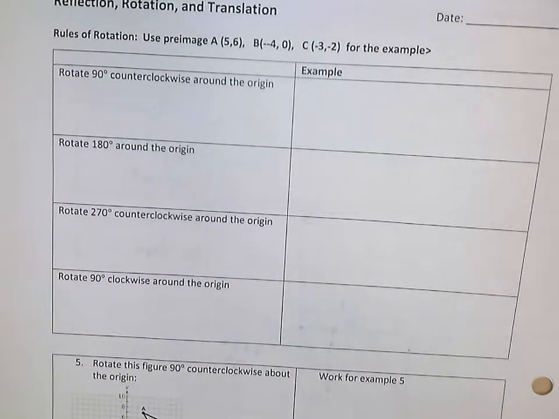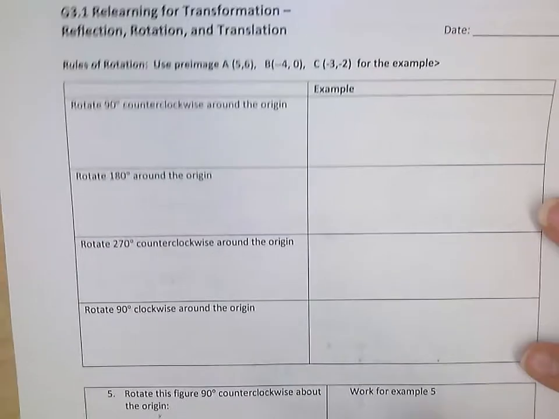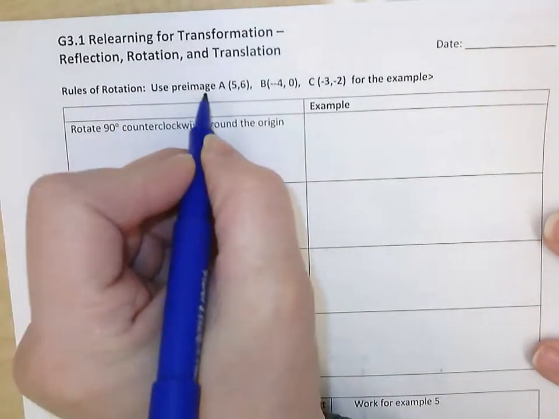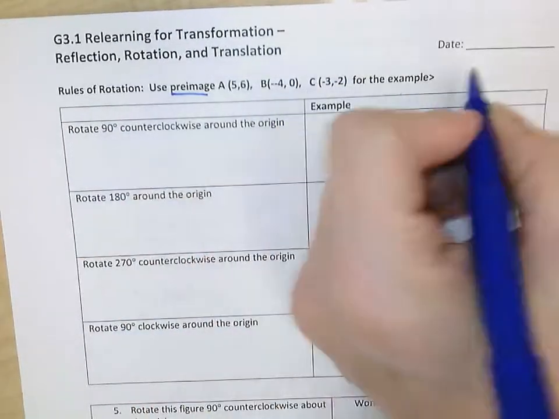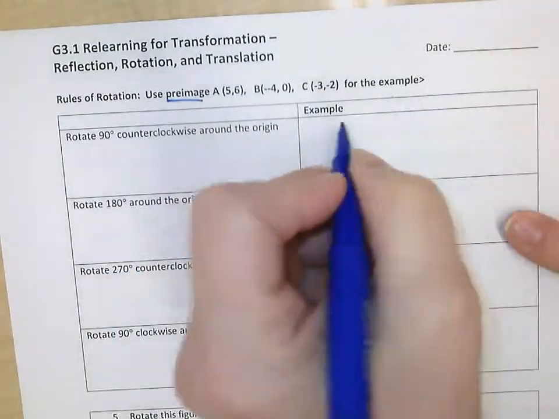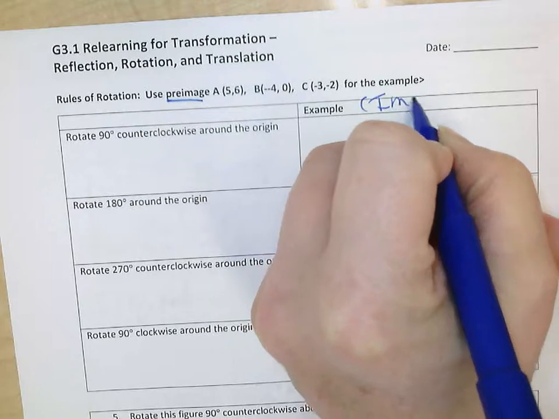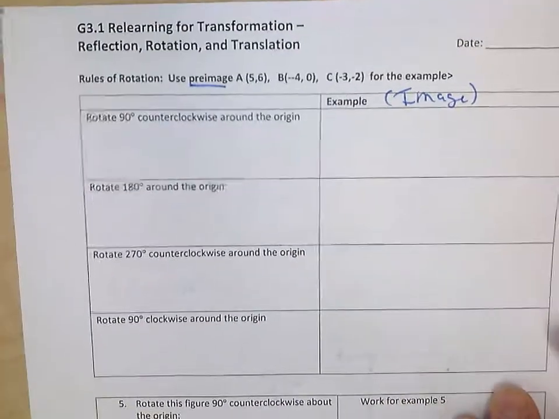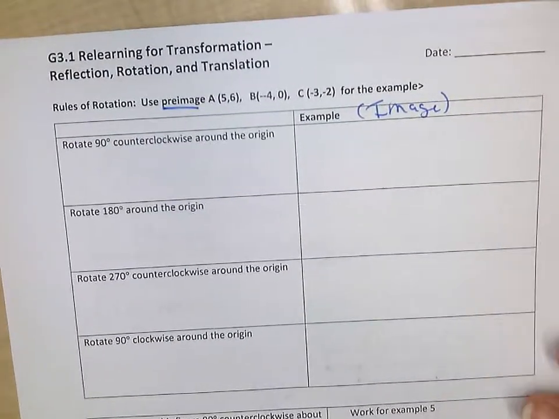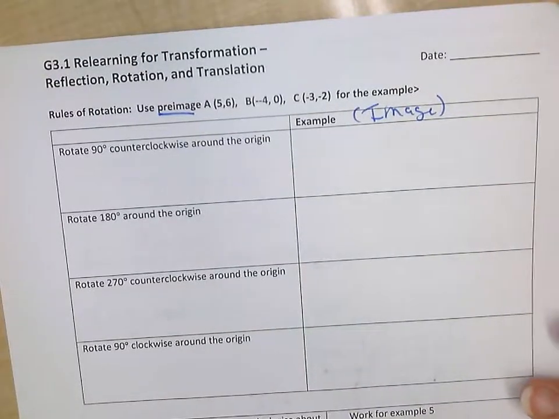Whenever we use prime notation, we have two words that we use, pre-image and image. So this is an image that we're going to create. We start with the pre-image, that's the beginning, and then we go to image.